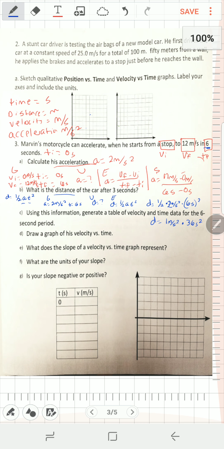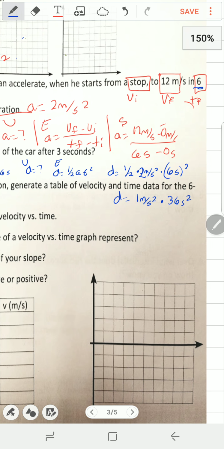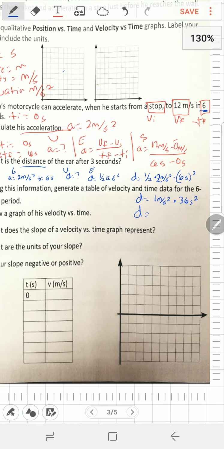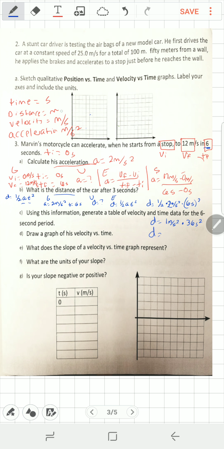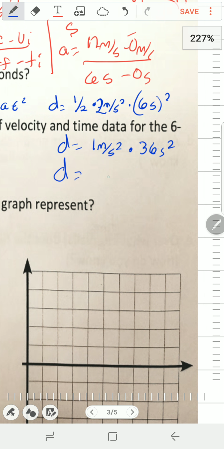So when you get done with this, you're going to just multiply those two numbers, and if you can't calculate these units, you don't know what units this is going to be in, just memorize it. It's going to be distance, and distance is going to be meters. So now, when I get done, it's going to be 36 meters.